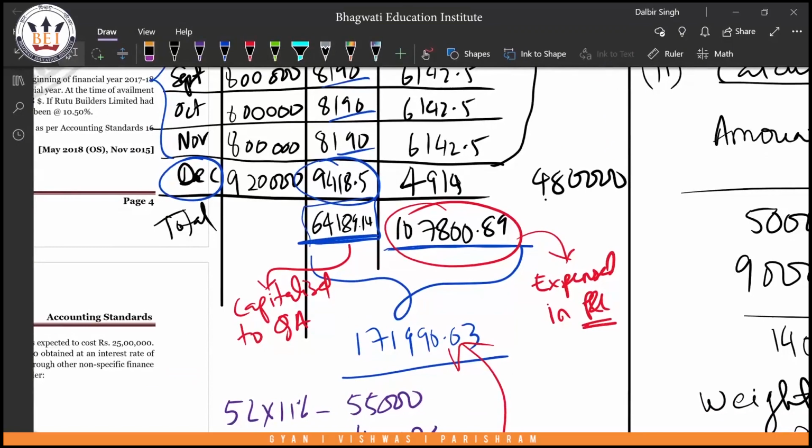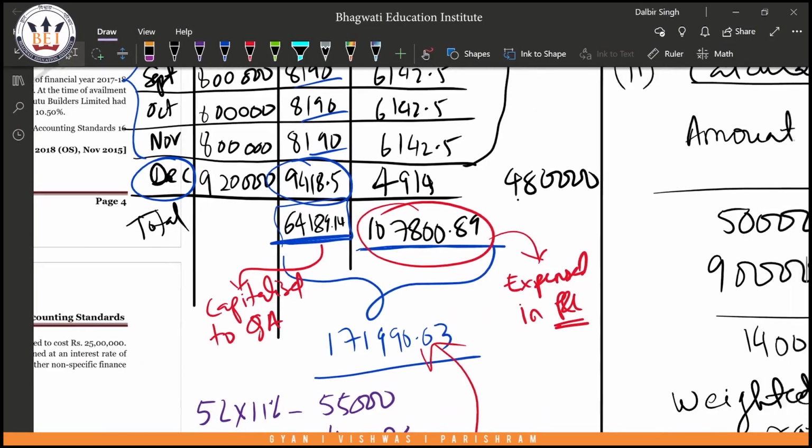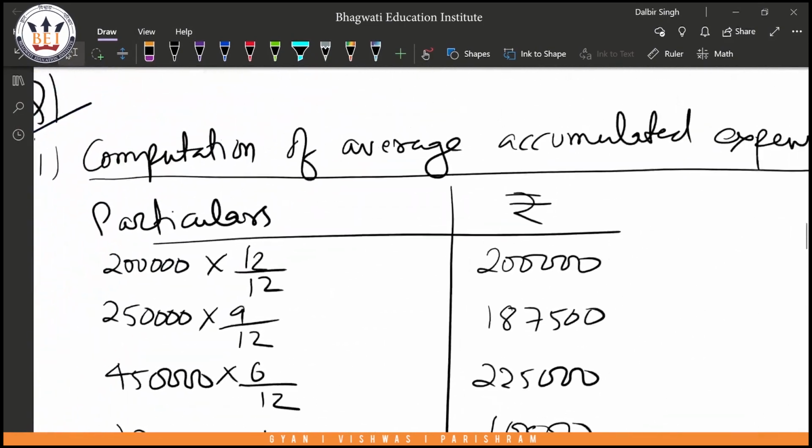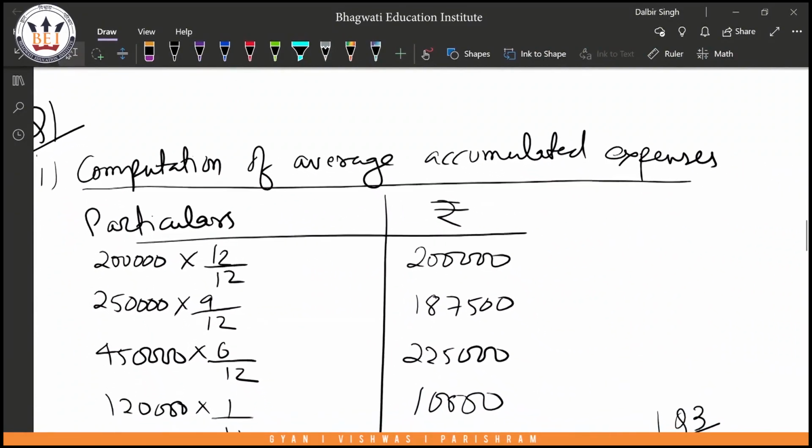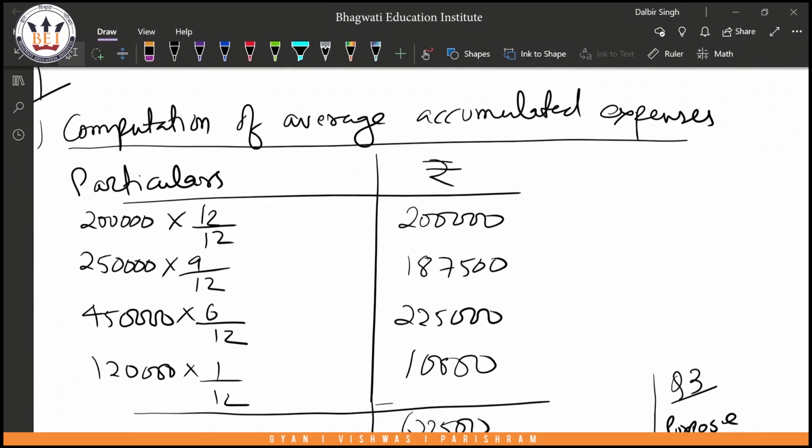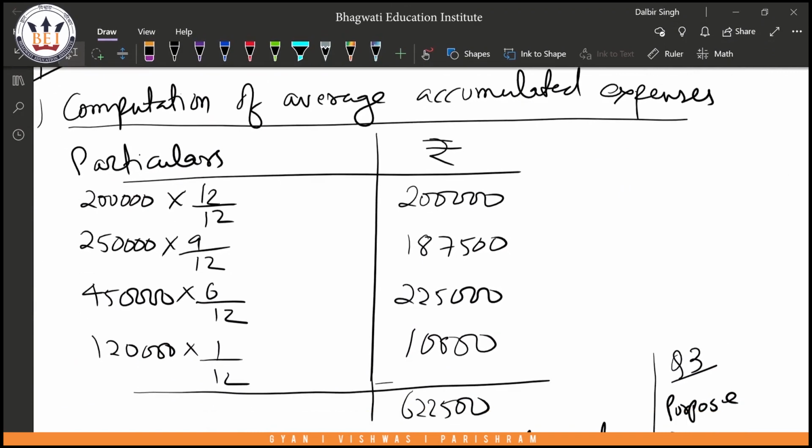But this is not the way. This is just to explain the concept. This is not the way you have to show it in your paper. Your answer should be shown like this. You have to find your average cumulative expense. What are you doing in the first step? You are finding your average computed expenditure for the building.